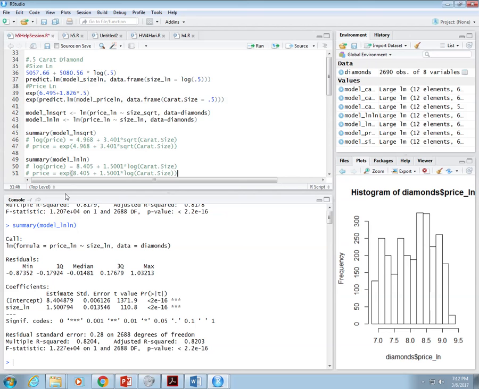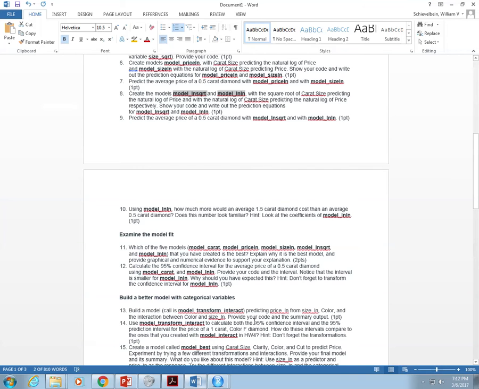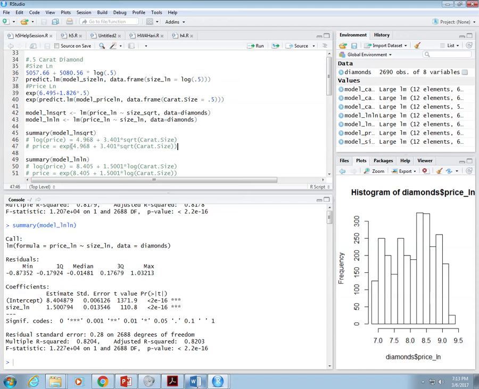Okay, any questions on that? Hopefully it's starting to seem repetitious. Okay, predict the average price of a 0.5 carat diamond with model log square root and model log log. I'm not going to do that for you because you've seen how to do it here. I'm realizing that I'm running out of time.